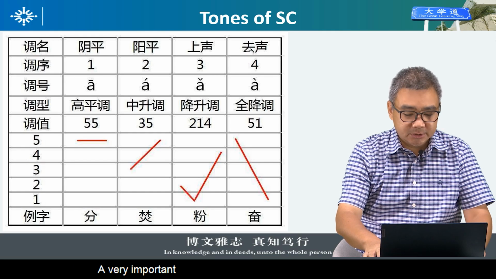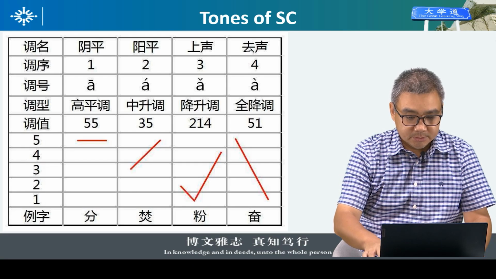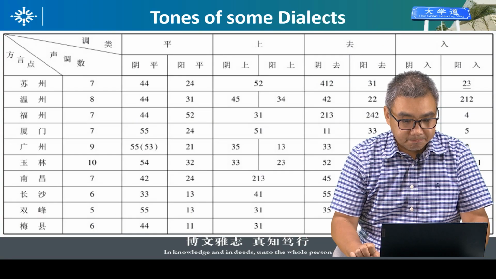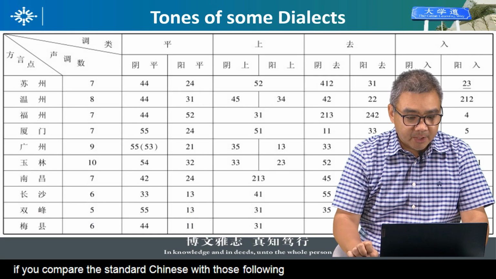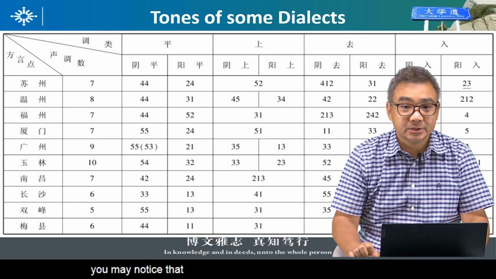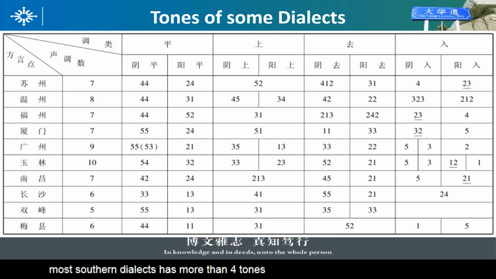This is how we define Standard Chinese. A very important criterion is the tone, the tonal system. If you compare Standard Chinese with the following dialects, you may notice that most Southern dialects have more than 4 tones. For example, Suzhou, an example of a Wu dialect, has 7 tones.